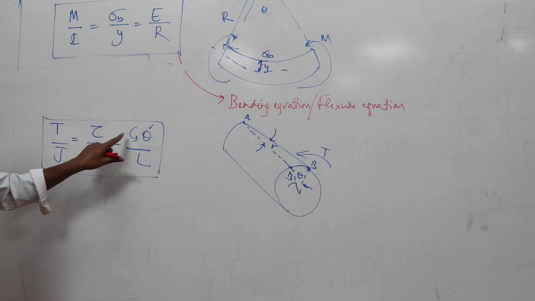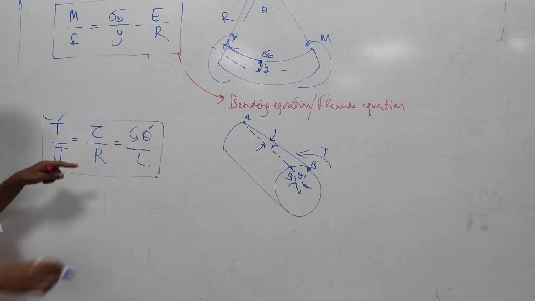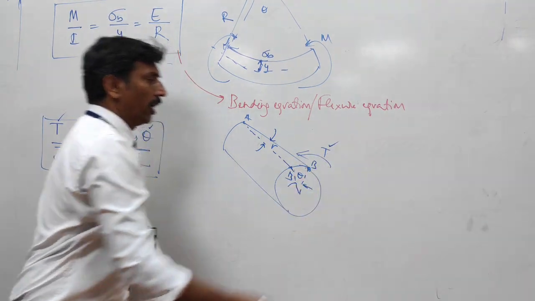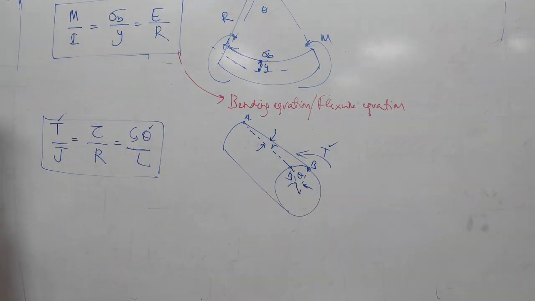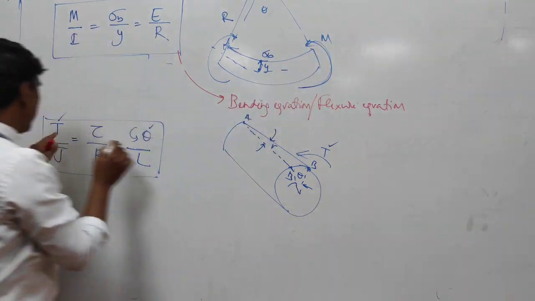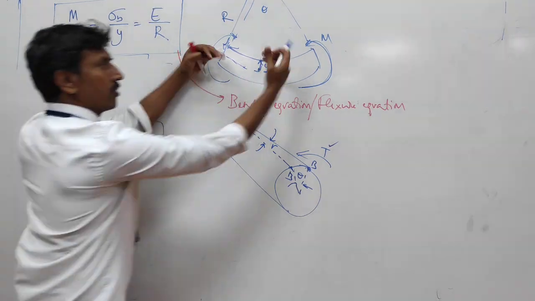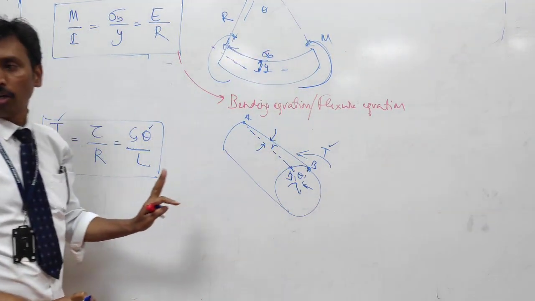I think everybody knows that we have applied a torque T. So now this theta term is known. In the case of bending, we are applying a bending moment. In this case, we are applying a torque. So it is matching. Here you are applying a torque.